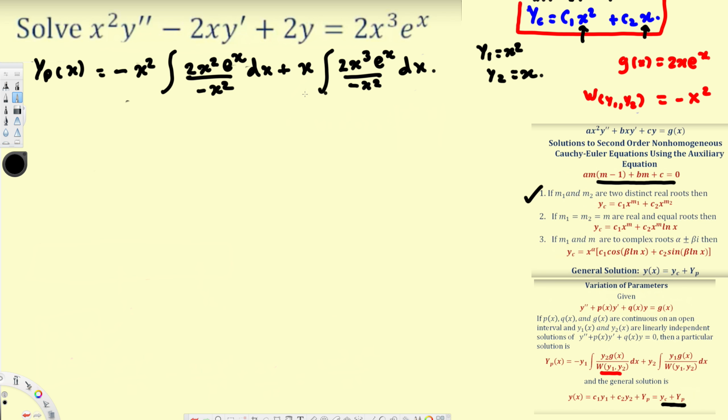Now let's see how we can integrate this one. Before I do that, let's simplify everything. So this is going to be negative negative, that's going to make this one plus.